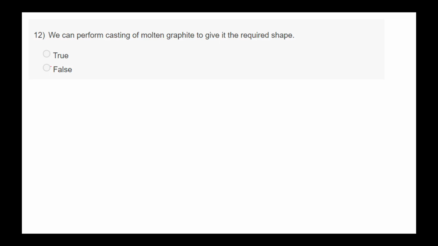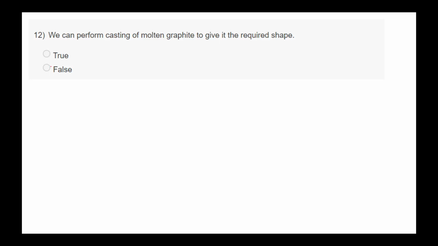If you remember the phase diagram, generally to melt graphite it requires around 2800 degrees centigrade.